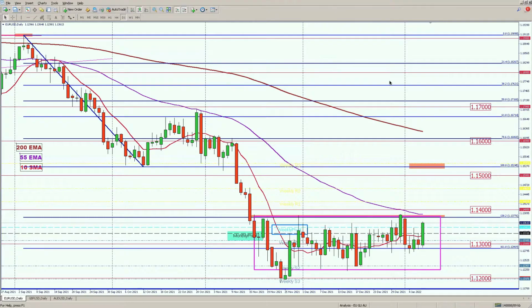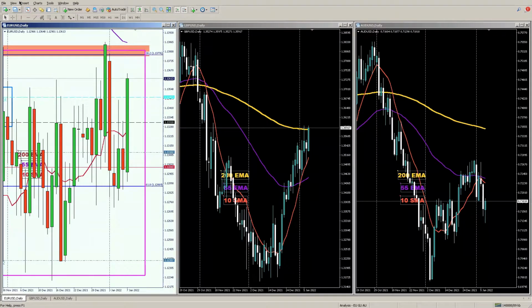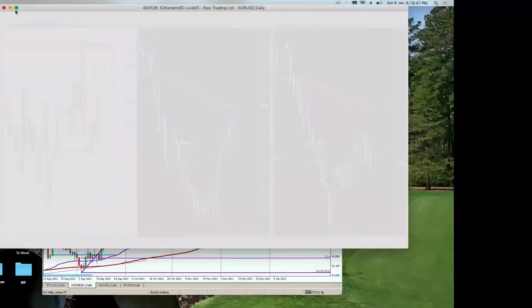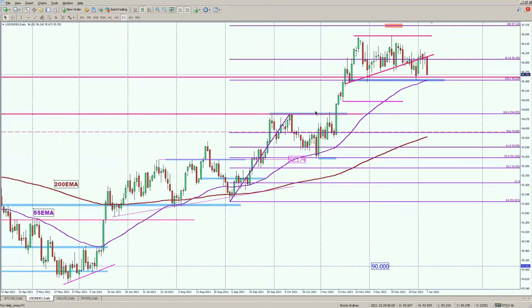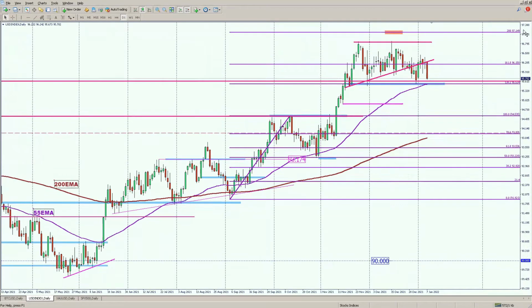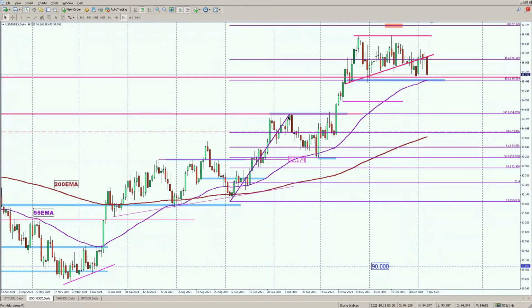And let's take a look at the US dollar index. Where we left off was consolidating under this resistance level, it could not reach the 200 fib extension of this swing move up.